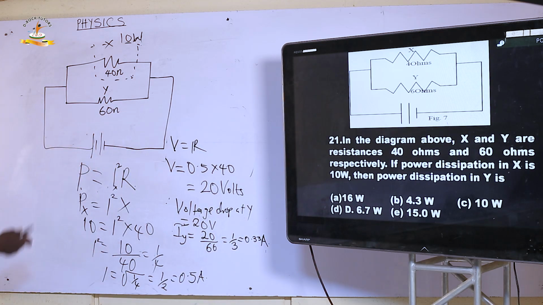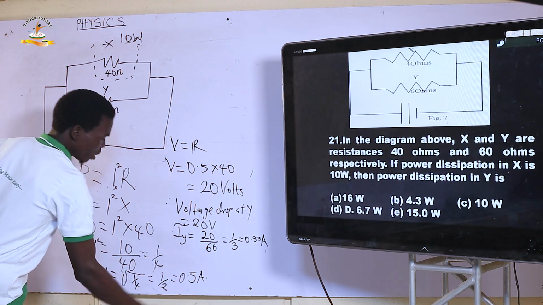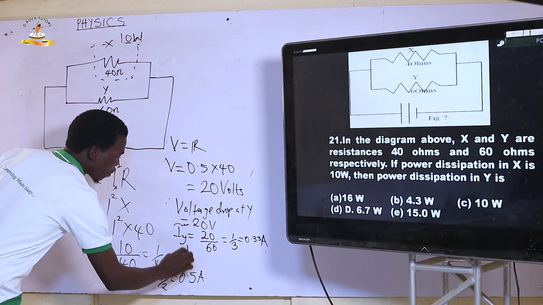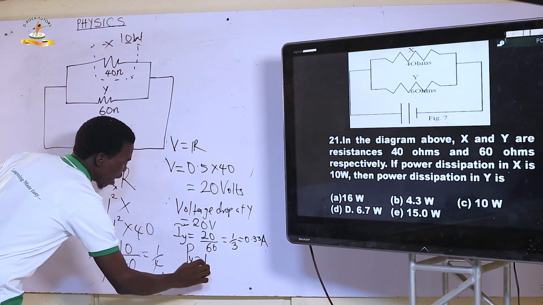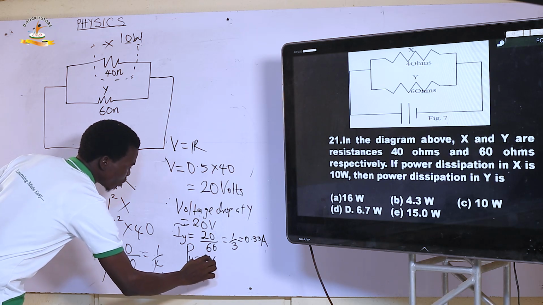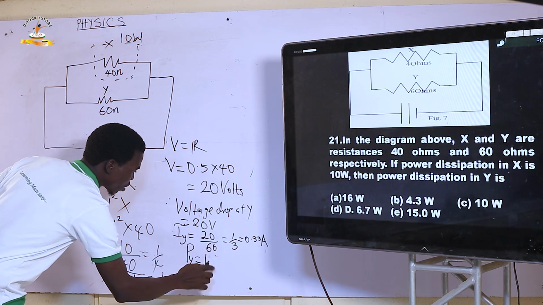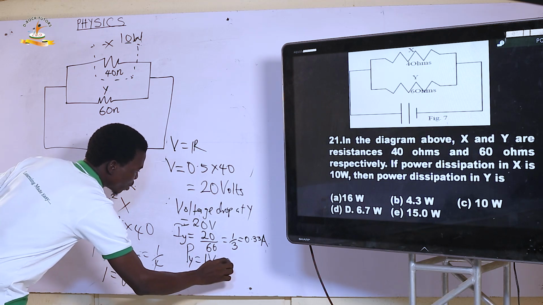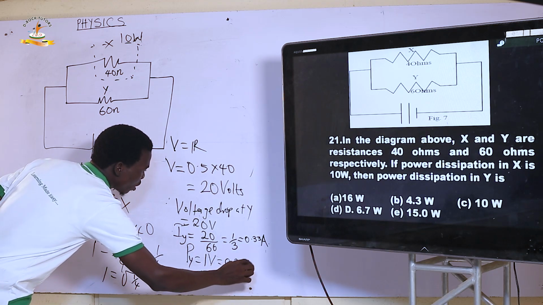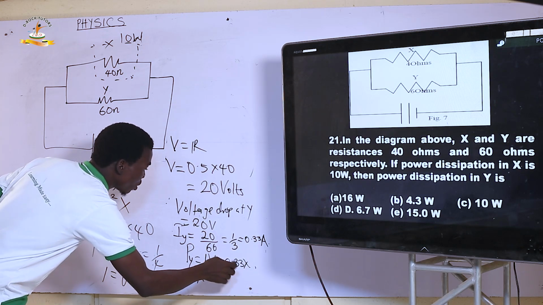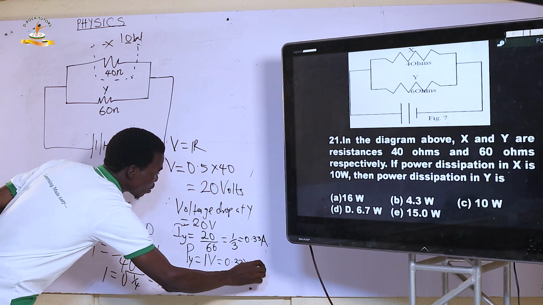That is the current through Y. We need the power in Y. Don't forget, power is IV, or you can say I squared R. So the power of Y is I times V of Y, which is still the same voltage across X. This is 0.33 times 20, because it's the same voltage.